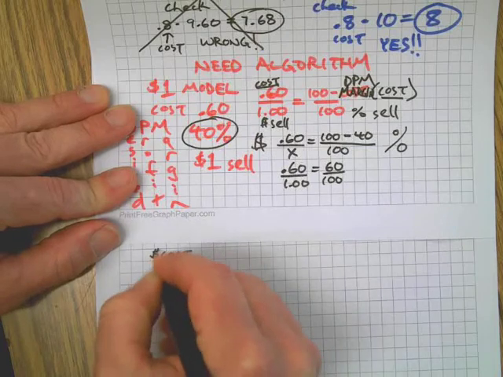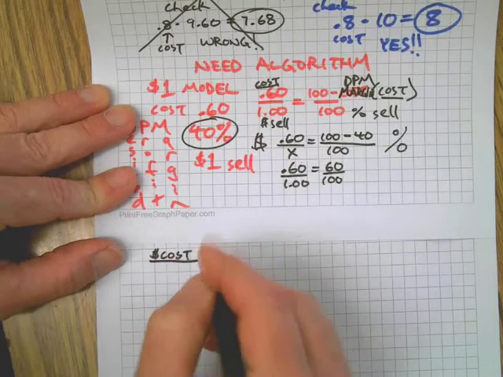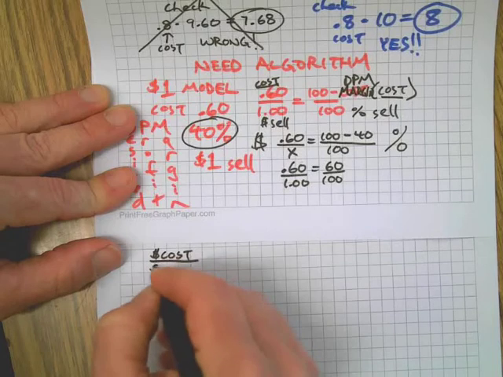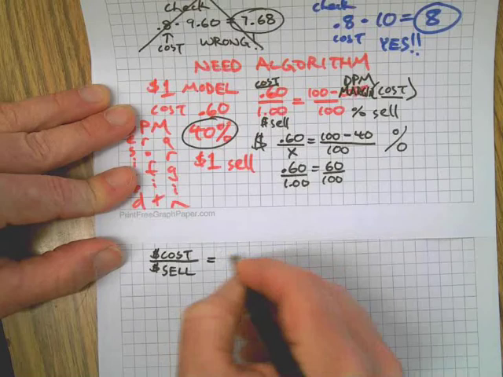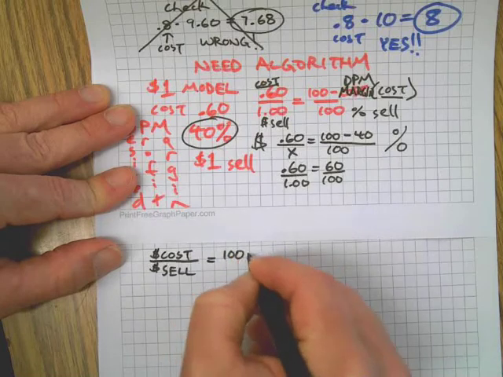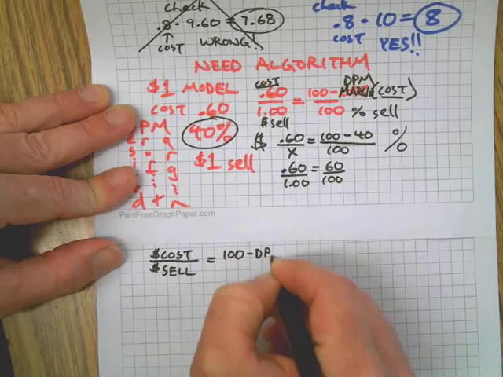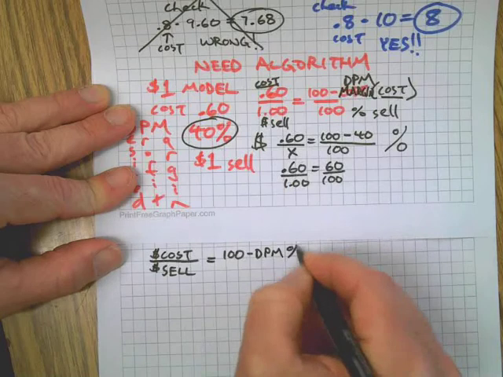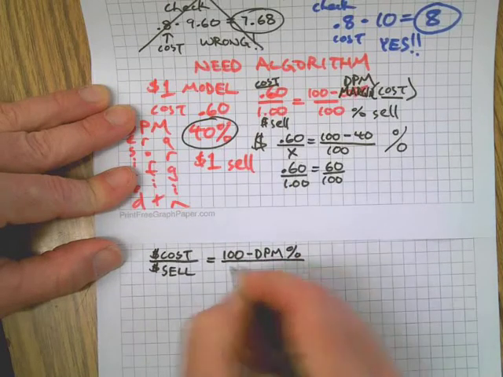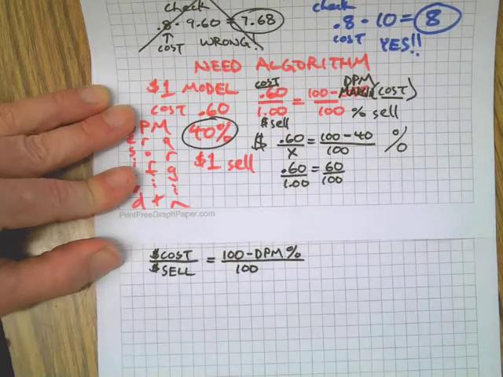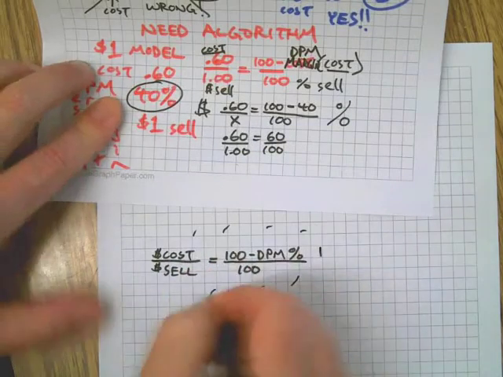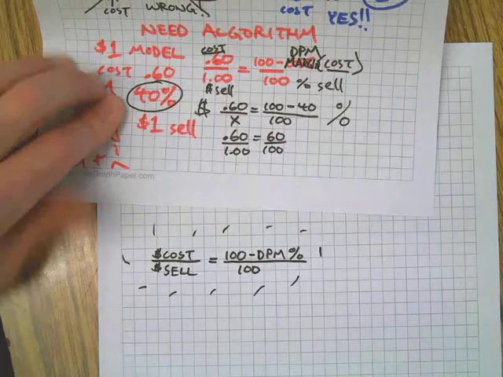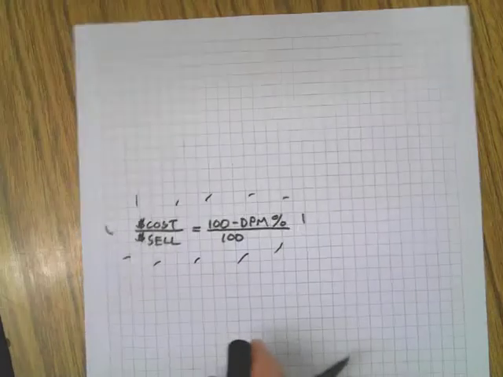You put your cost as $1, and this is where the selling price is going to go. We're going to put 100 minus your desired profit margin percent over here on top of 100. Okay, ta-da!